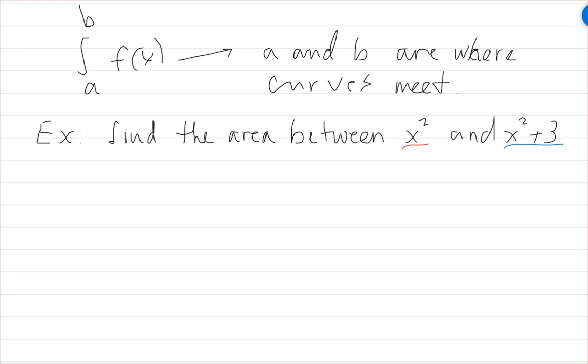X squared, if I draw my xy axes here, is going to look something like this. It's going to start at the origin and be very symmetric and go up in both directions, right? X squared plus 3, there's 3.